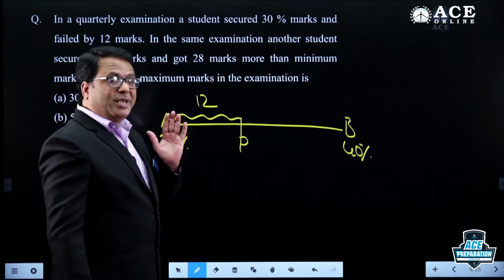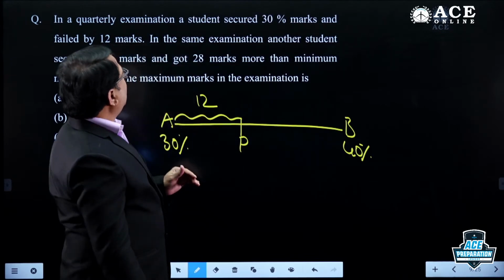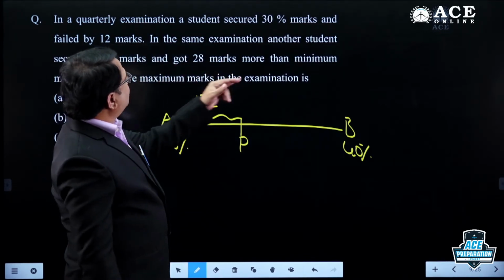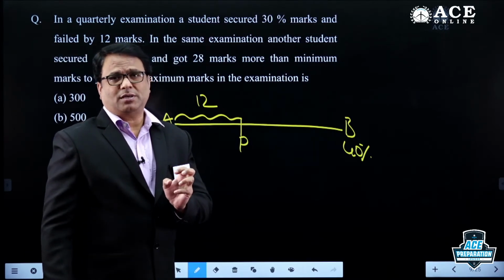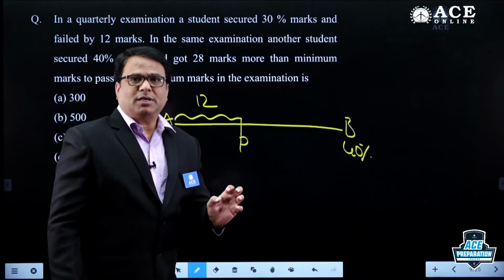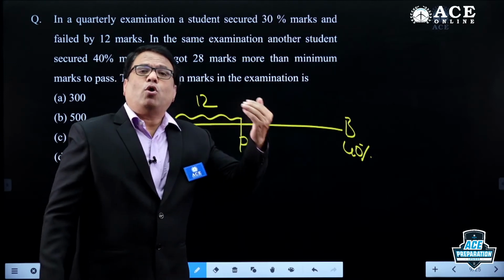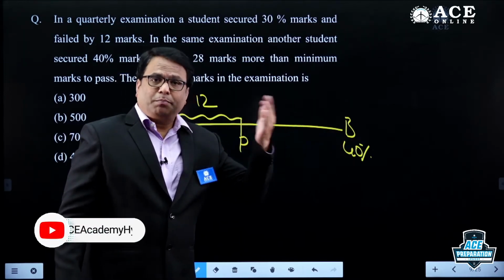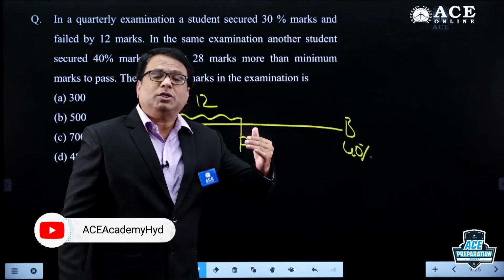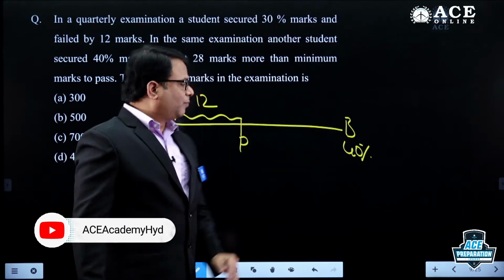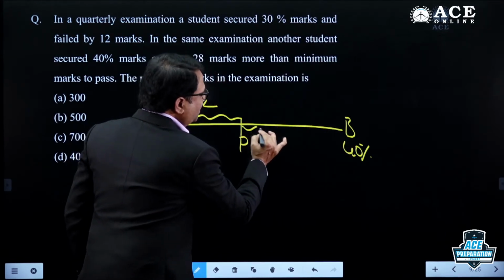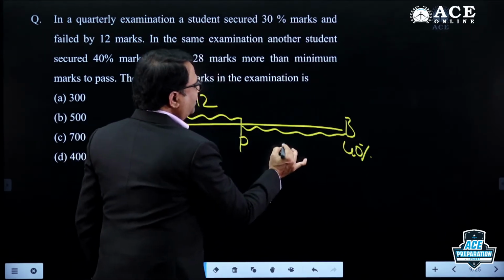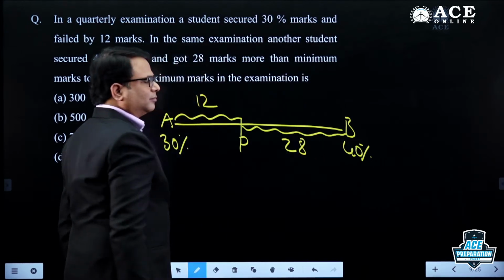Then B. B scores 40% and got 28 marks more than the minimum marks to pass. So by scoring 40%, he is getting 28 more than the pass mark. That means the gap between the pass mark and B's score is represented by 28.